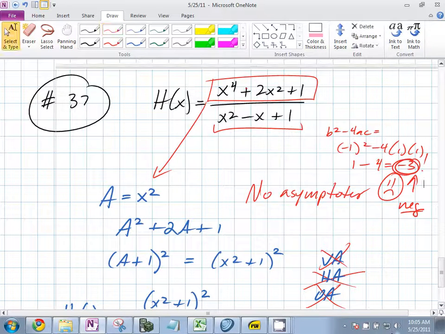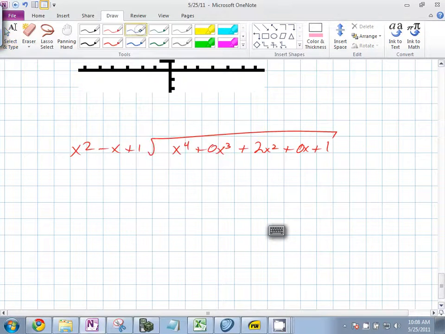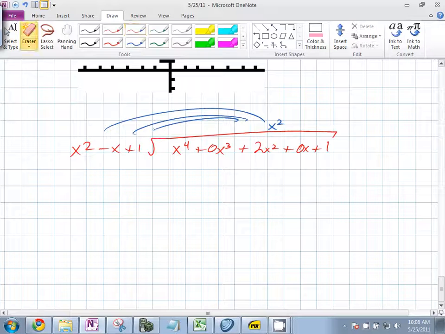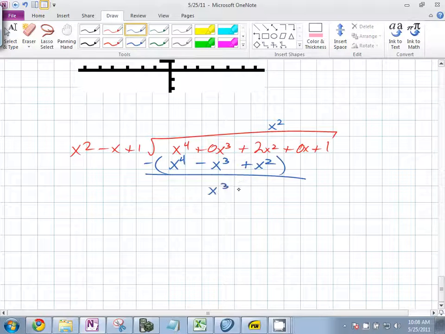So how do we do this? Sorry, we missed something. You're right, the first thing is x squared, but we have to multiply times all 3 things. So what's it going to be? x to the 4th minus x cubed plus what? x squared. Now we subtract, and what do we end up with? x cubed minus, or plus what? x squared. 2x squared minus x squared is x squared.